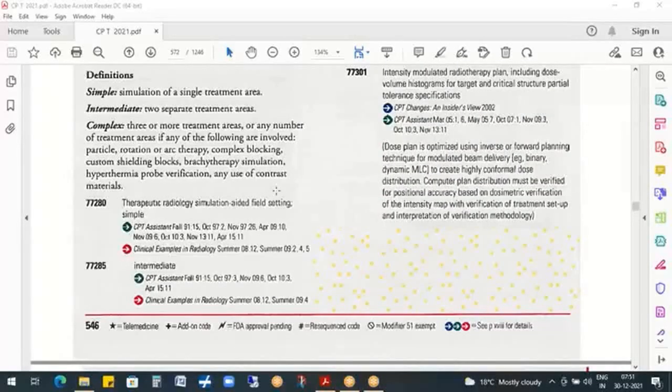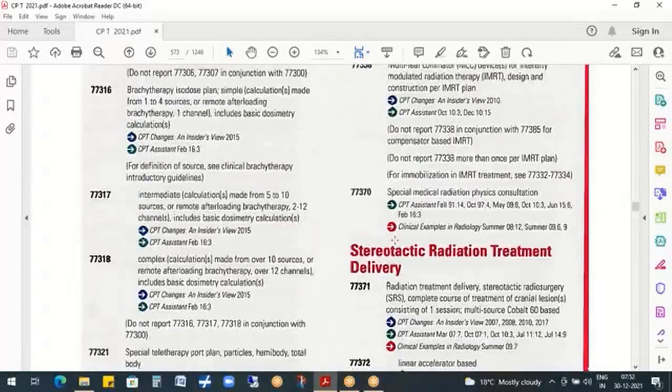Next 77280, can you see simulation is the key term? Yes, sir. Again simple, intermediate, complex. Next you can see delivery.